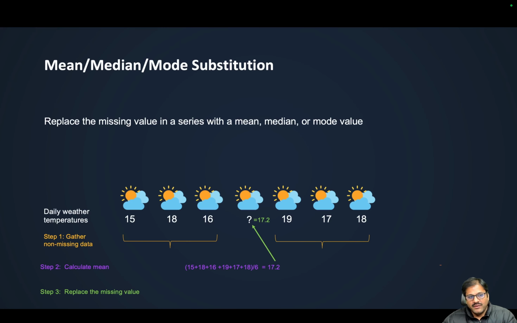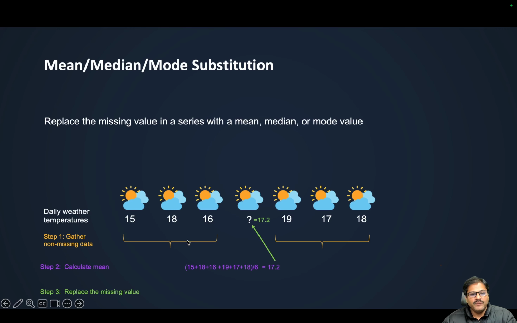In this mean, median, mode substitution, we are using the entire data that is available to us. Sometimes it may be useful to use only the data that is very close to the missing data.